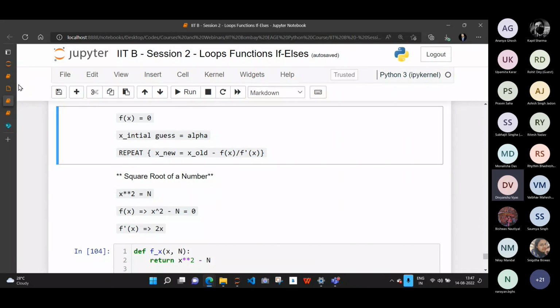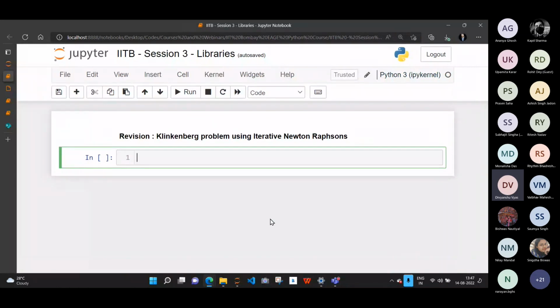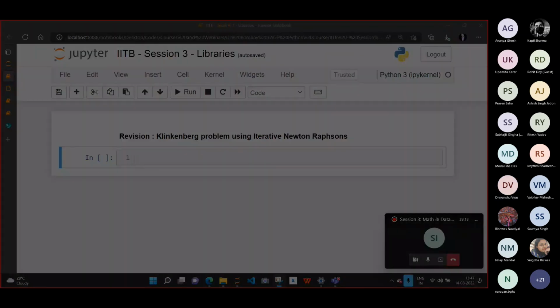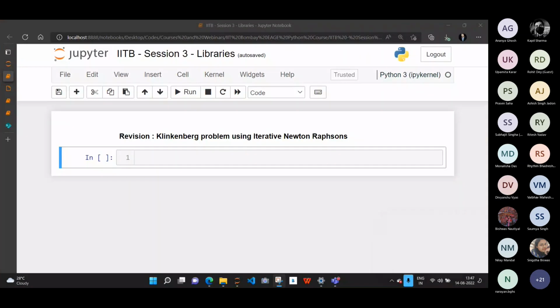Okay, so now let me copy this Klinkenberg problem in the code notebook, and we will solve this. Just give me 1 minute. Okay, copy, paste.